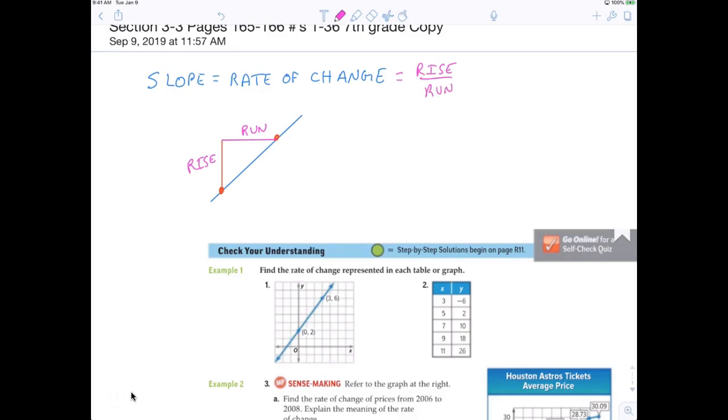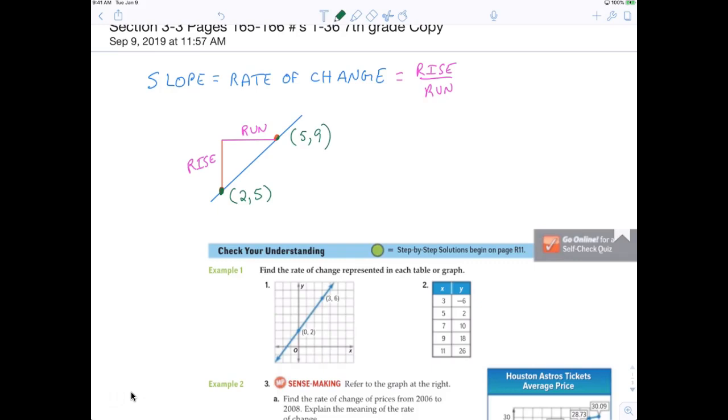Now let's say this point right here just happened to be (2, 5). And let's say this point over here was, for example, (5, 9).